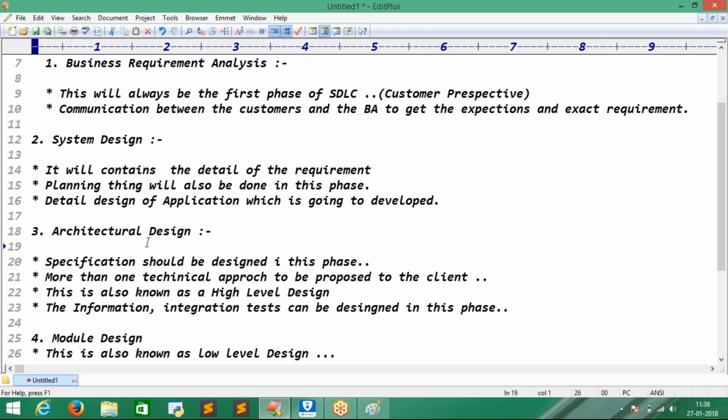Clear? The data, for example the date, the PNR number, the seat, the train number, should flow from the reservation page to the cancellation page, right? This is all about the data or the information, so that is known as architectural design. Now when you're making the complete application, that is known as system design.